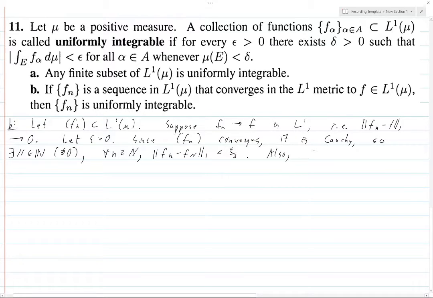So, also, what do we know? We know that the set f_1 through f_{N-1} is finite.